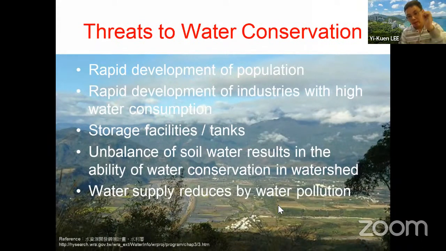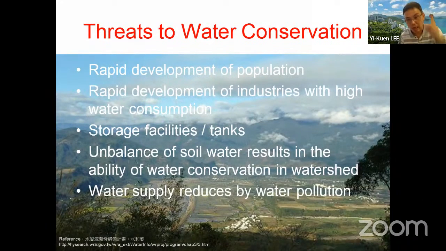Sometimes we have big typhoons or flooding, right? But on the other hand, we have a shortage of fresh water. So this is another global climate change effect.